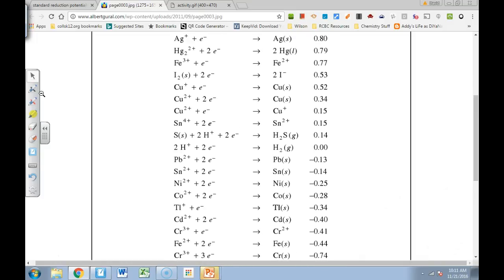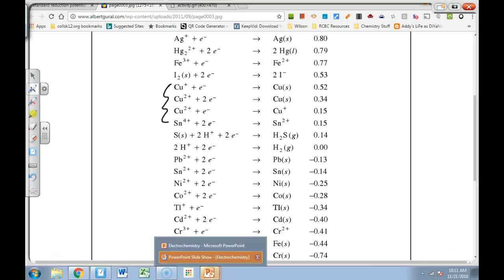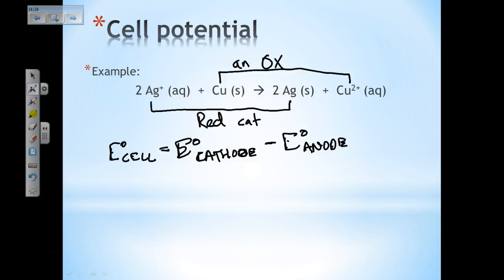So if we look here, this is what makes this so much fun: we have 3 different coppers. Which copper is the one that we're interested in? Are we interested in copper plus going to copper solid, copper 2 plus going to copper solid, or copper 2 plus gaining only 1 electron and going to copper 1 plus? We're going from copper to copper 2 plus. Now, this is the oxidation half reaction.